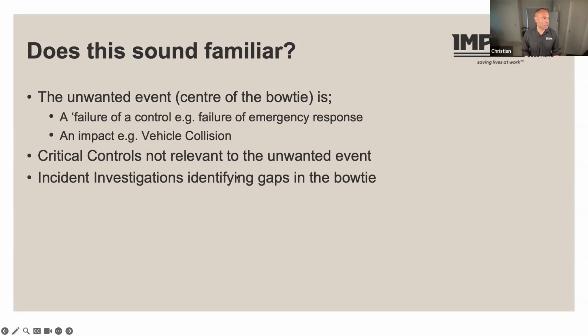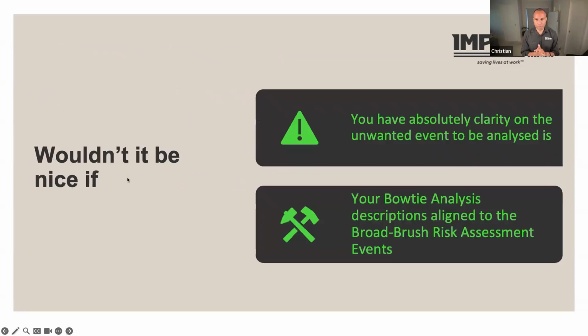I wonder if any of that might sound familiar to what you're seeing. And where you want to be is the opposite end of that. We've got absolute clarity on what the unwanted event is that's going to be analyzed. And we also have a good relationship between what the broad brush risk assessment says the unwanted event is and what the bow tie analysis says the unwanted event is as well.